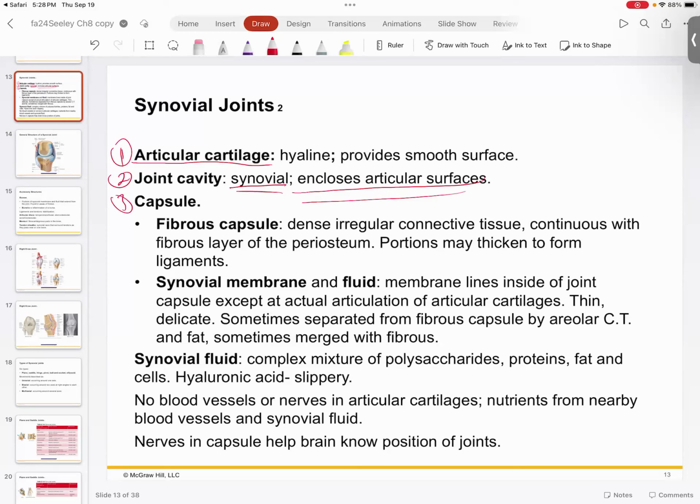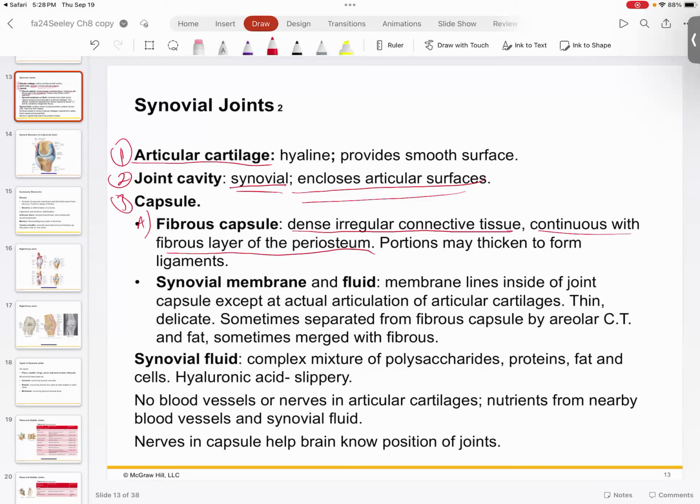And so within the capsule, you're going to have, first of all, a tough outer layer. So you're going to have a fibrous capsule, which is an outer portion. Typically, it's connective tissue. So you have dense irregular connective tissue. And this is going to be continuous with the periosteum. So this makes a lot of sense, right?